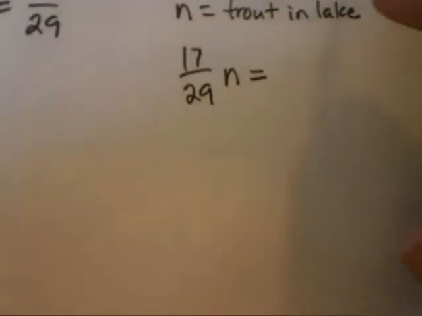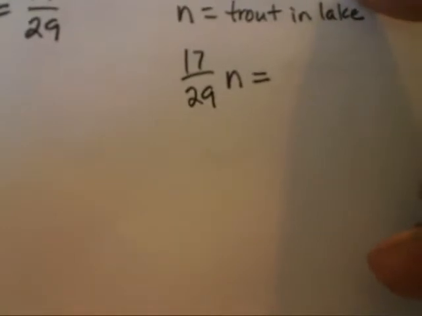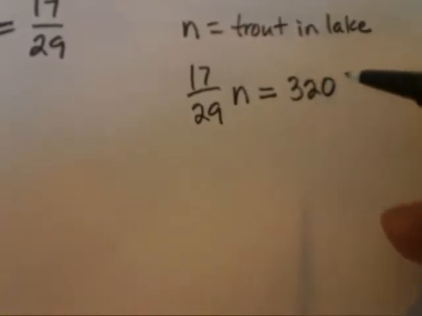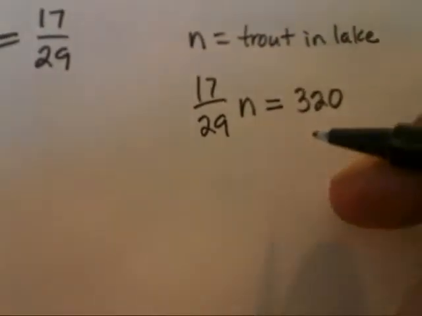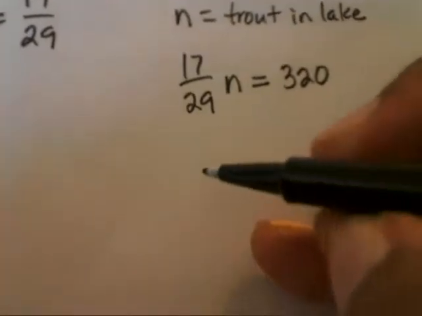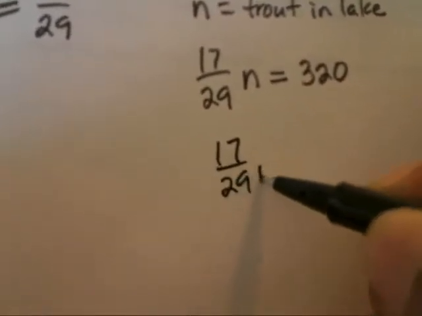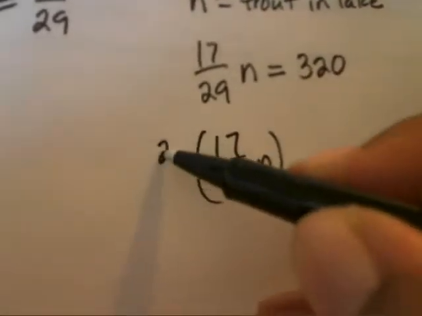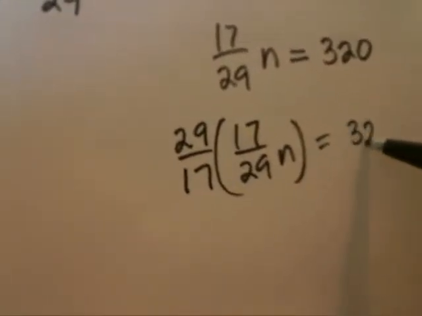That's going to be equal to the number of trout that the conservationist originally caught, which was 320. So now we have an equation: 17/29 times n is equal to 320. To solve this equation, I'm going to multiply both sides by the reciprocal of 17/29, which is 29 over 17.